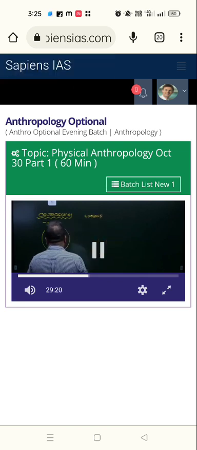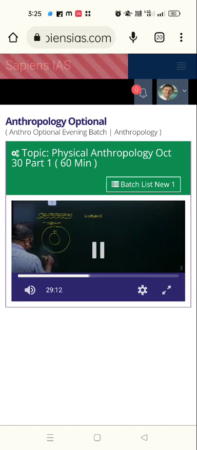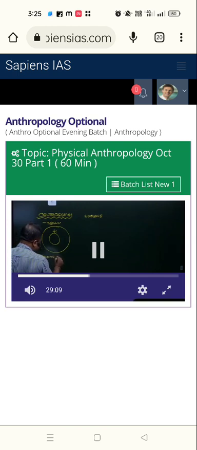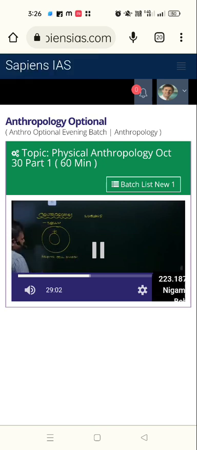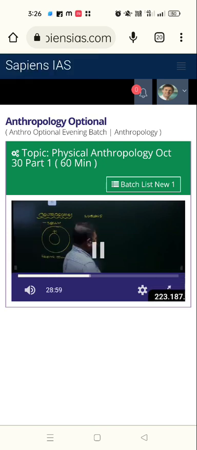Function, okay. The function is that it helps in cell division. See, when cells divide, then chromosomes get separated. Suppose this is a dividing cell.